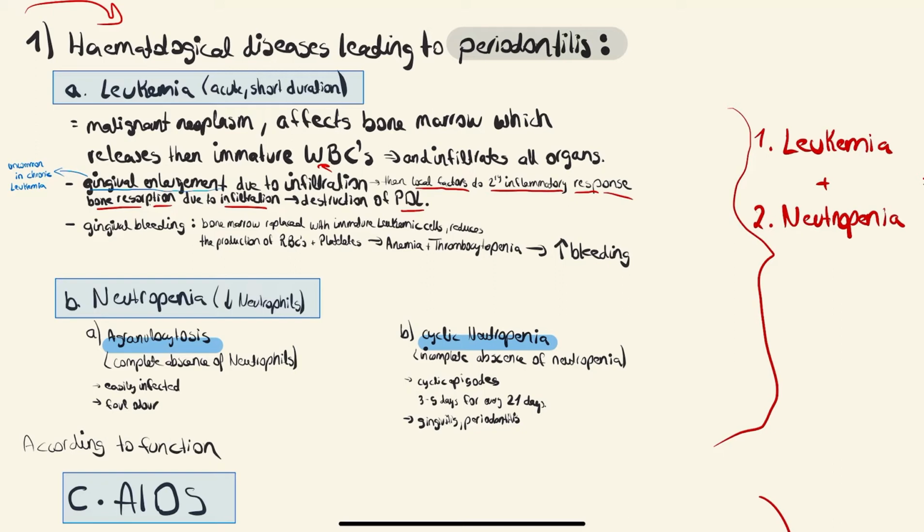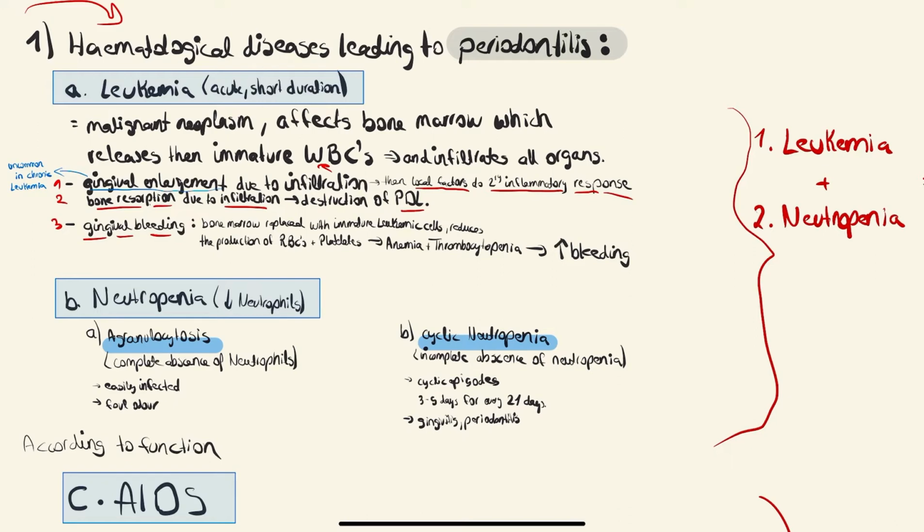So till now, due to infiltration, we have the gingival enlargement and the bone resorption. Third, there is another consequence of leukemia: gingival bleeding. Why do we have gingival bleeding?